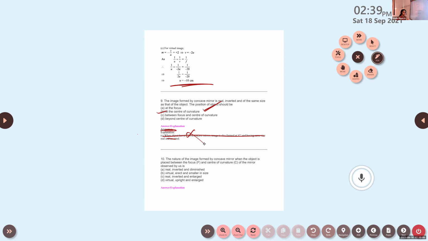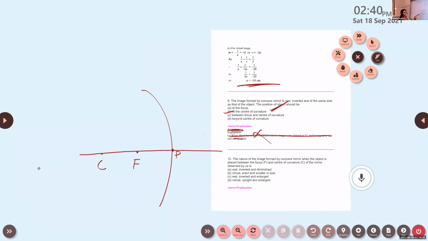Is there any other answer? The nature of the image formed by a concave mirror when the object is placed between the focus F and the center of curvature of the mirror. It is a concave mirror, with focus and center of curvature.